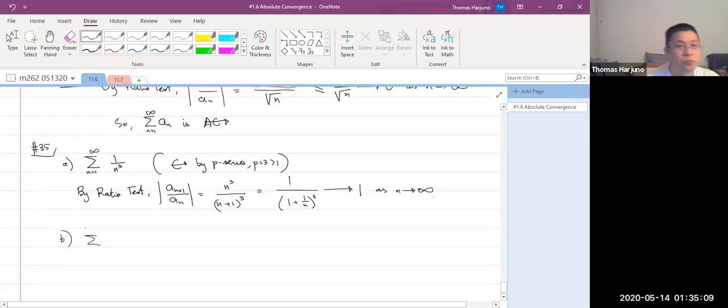Part B. Actually, if you think about it, 1 over n is also the same, right? Maybe I put a note there. The harmonic series, right? When you apply ratio test, we will get n over n plus 1, which also converges to 1.